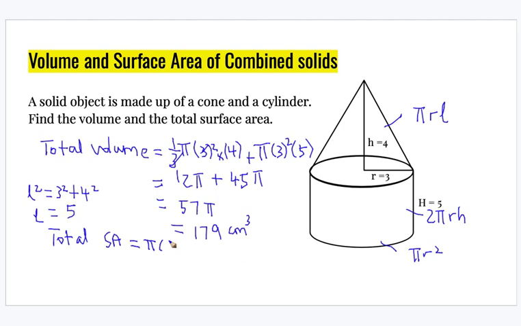Okay, so we have pi r L plus 2 pi r h plus pi r squared.